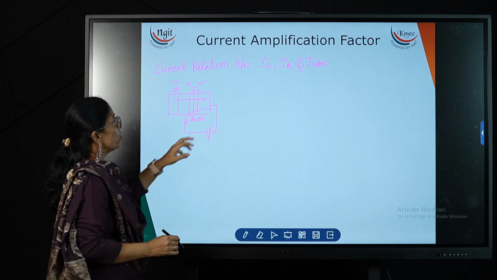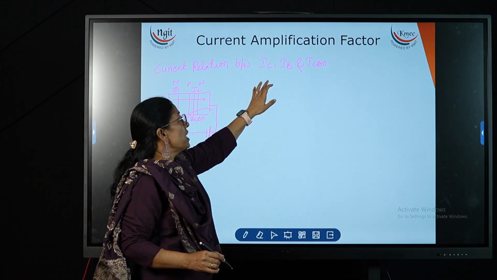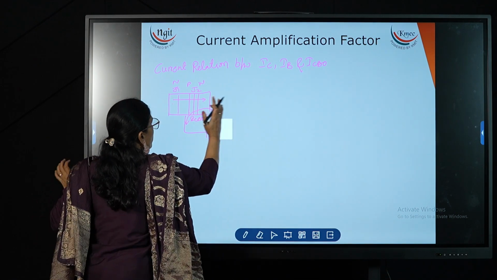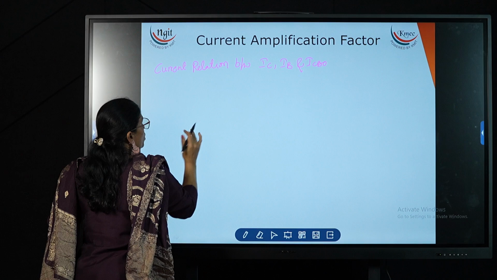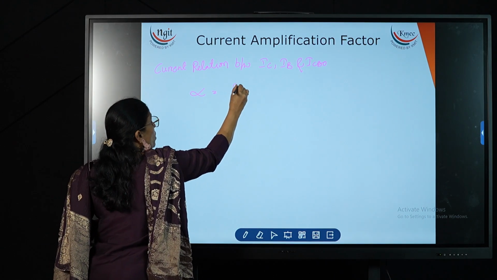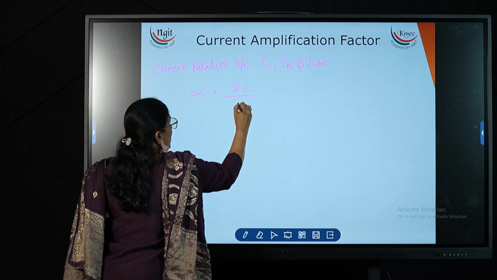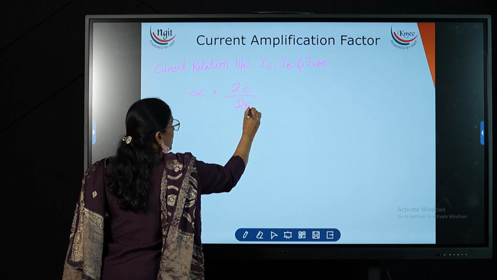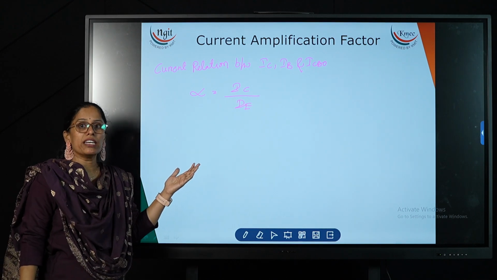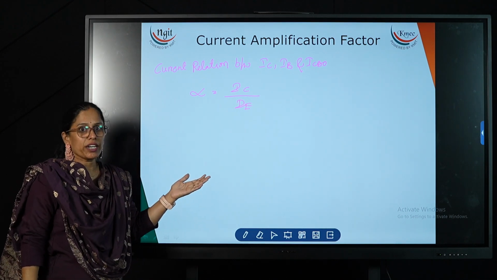Now we need to derive the expression between IC, IB and ICBO. For that, we already know that alpha is equal to IC by IE. But in the earlier derivation of the current amplification factor, I neglected the leakage current.